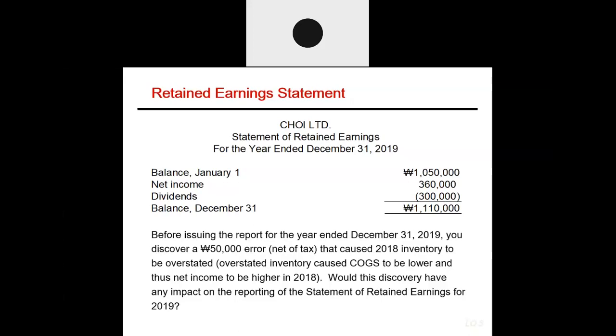So net income will be higher in 2018. When the company discovers this, what would be the impact on the statement of retained earnings for 2019? Let's see what the impact would be.